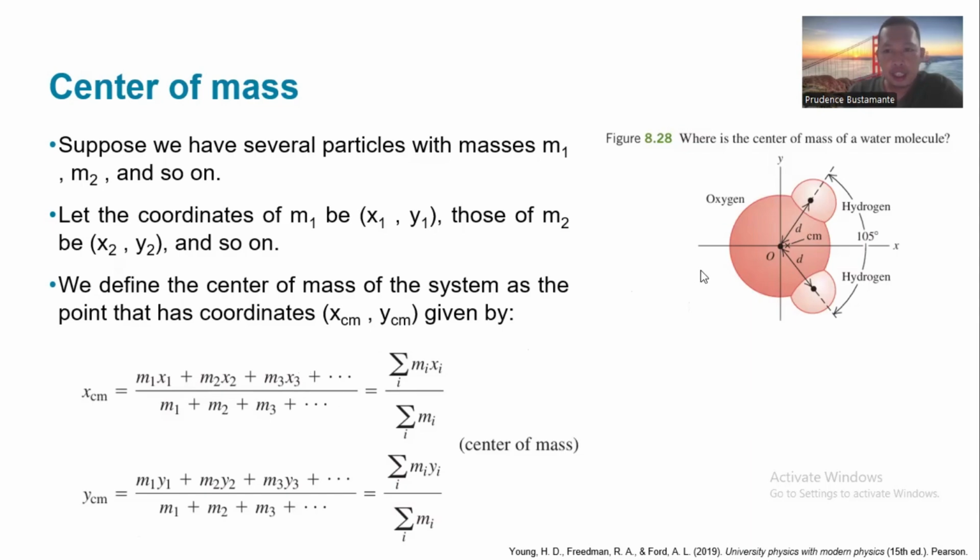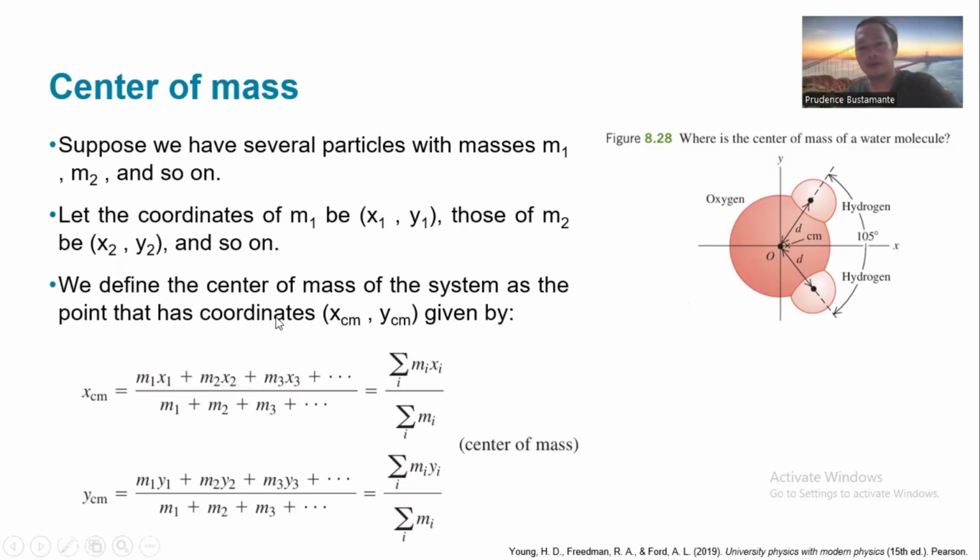To find the center of mass along x, it is equal to m1 x1, the mass 1 and its position, plus the mass 2 and the position of mass 2, plus the mass 3 and the position of mass 3. If there are a lot of particles, then plus that. This is the summation of that over M1 plus M2 plus M3 and so on. It is also the same for the Y component.